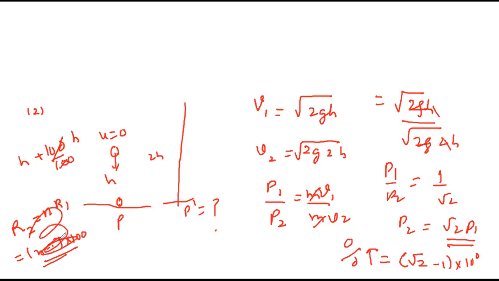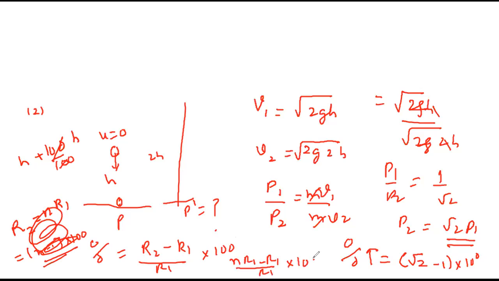Why is it called so? Percentage change means change, which is new minus original upon original into 100. So this is n times R1 minus R1 upon R1 into 100. R1 common will get cancelled. You will get n minus 1 into 100, which is called percentage change.